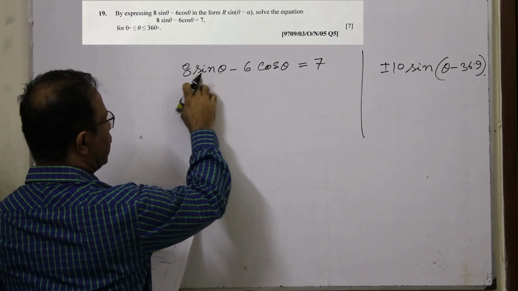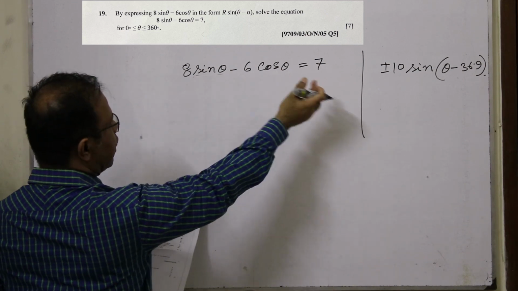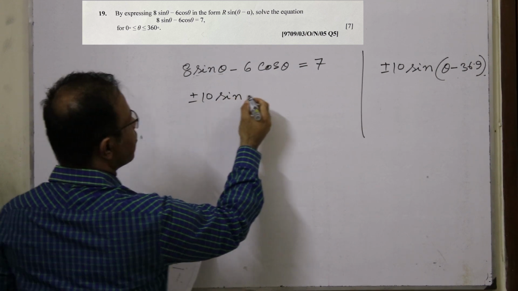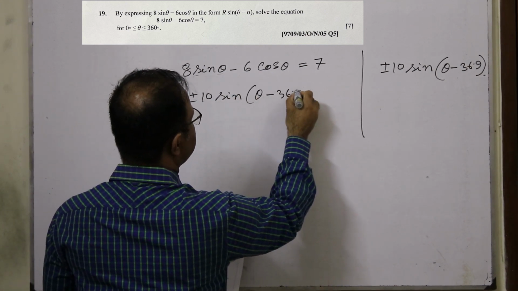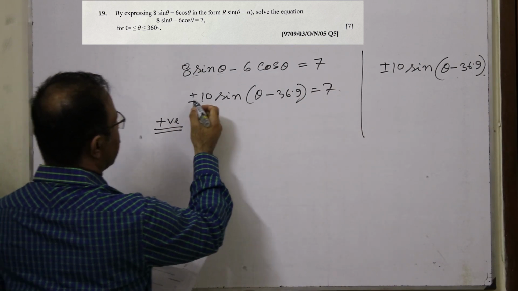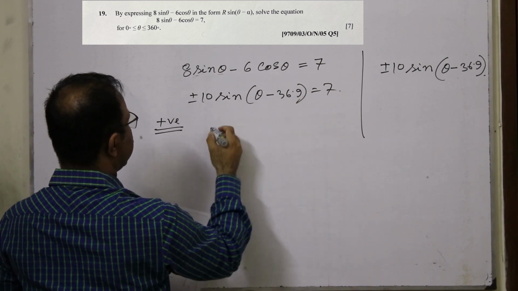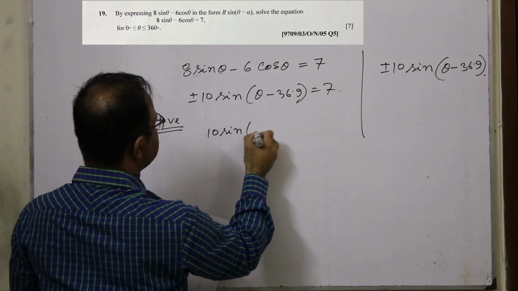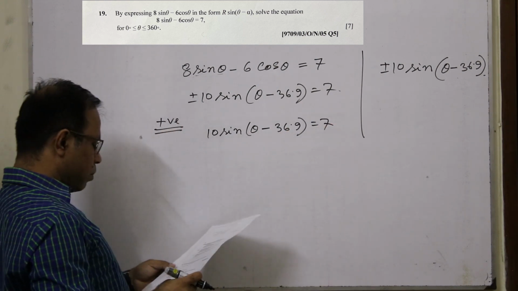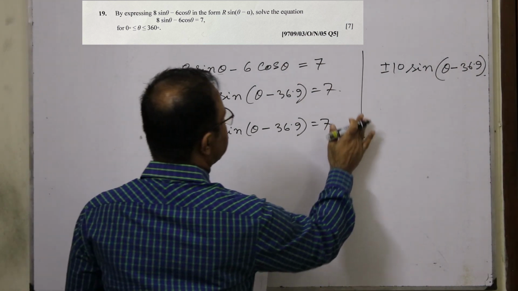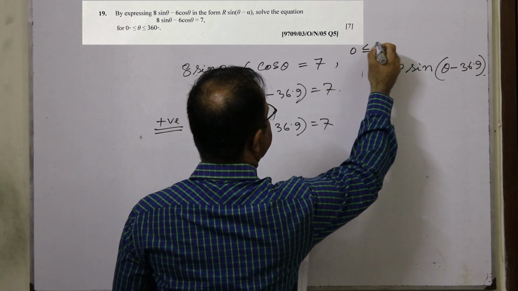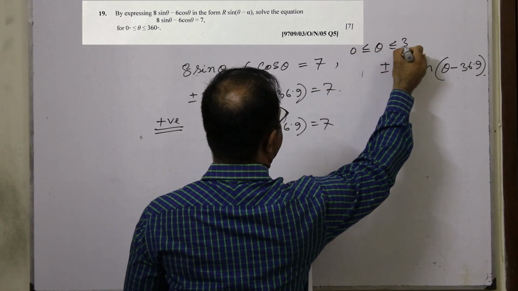In part 1 we expressed it in this form, so we need to solve plus or minus 10 sine of theta minus 36.9 equals 7. If we consider the positive sign, then 10 sine of theta minus 36.9 equals 7. We have to solve between 0 and 360 degrees, so our domain is 0 less than theta less than 360 degrees.